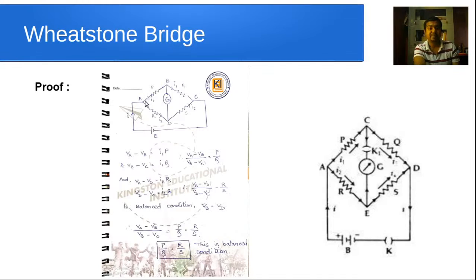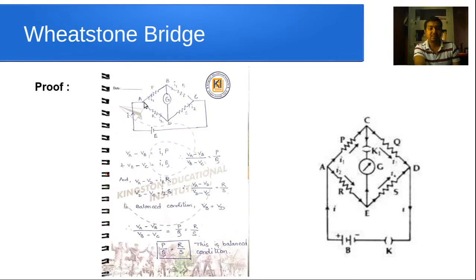So the voltage drop VA minus VB equals I1 into P, and VB minus VC, the voltage drop, equals I1 into Q. If I divide the whole term, (VA minus VB) by (VB minus VC) equals P by Q, because I1 and I1 cancel out.